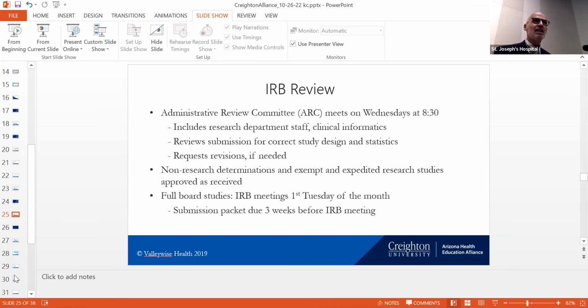We don't have time today to go through each of the criteria for each of those different statuses, but it also might be deemed not human subject research, which most of your QI projects would be. Most of the time, a QI project is deemed not human subject research by a very specific federal regulation definition.